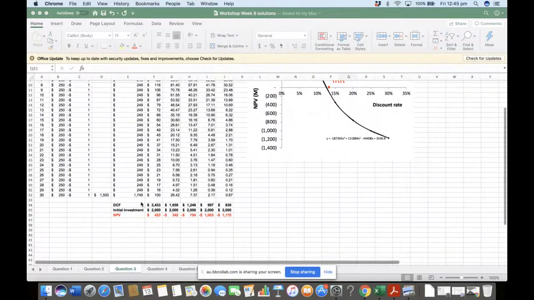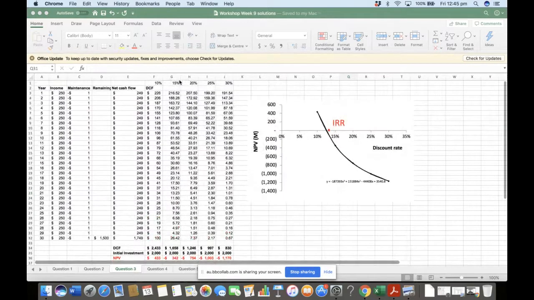So now we add up all the discounted cash flows to find the total discounted cash flow, and we know the initial investment, which is 2 billion. So we are just going to subtract the initial investment from the discounted cash flow to find the net present value. And here you can see the net present value is transitioning from a positive value to a negative value between 10% and 15%.